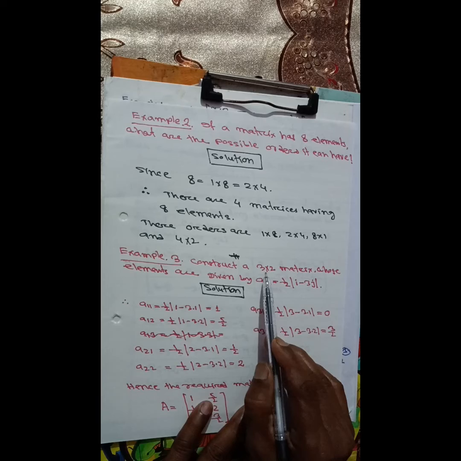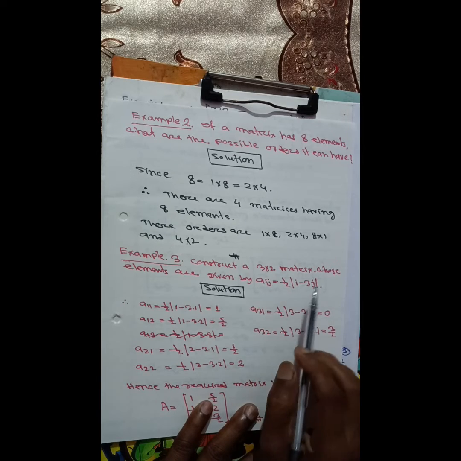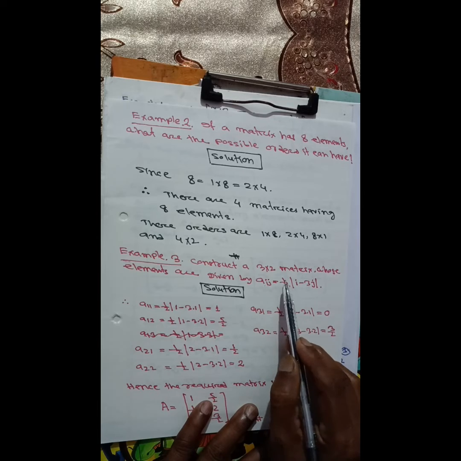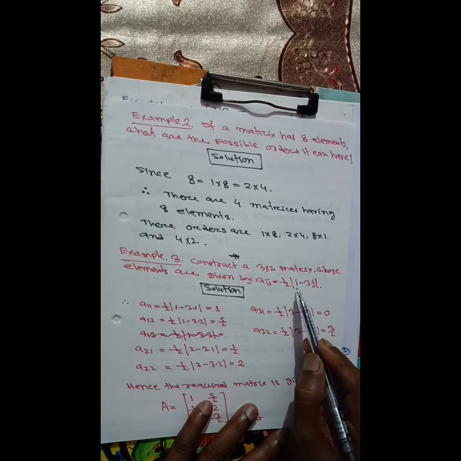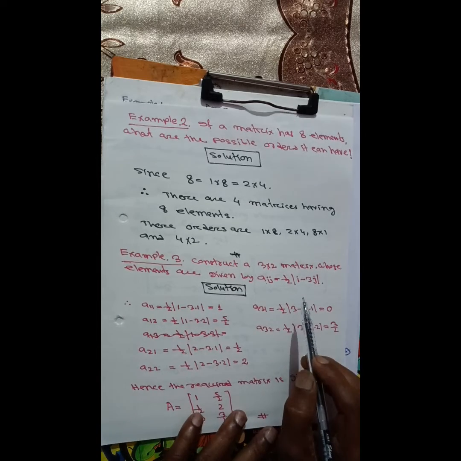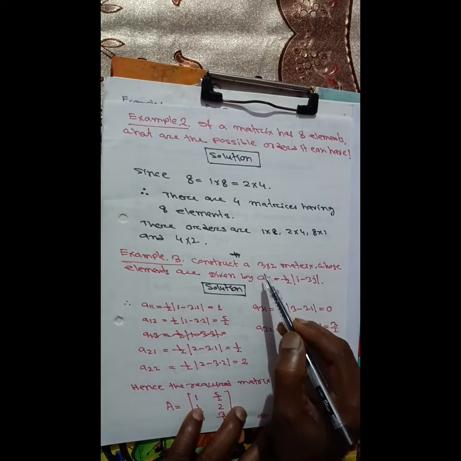Construct a 3 cross 2 matrix whose elements are given by aij equal to half into modulus of i minus 3j. Solution. This is given as a 3 into 2 matrix.